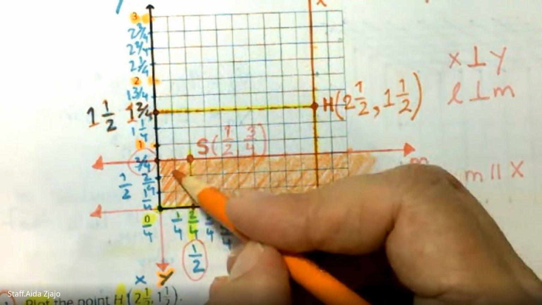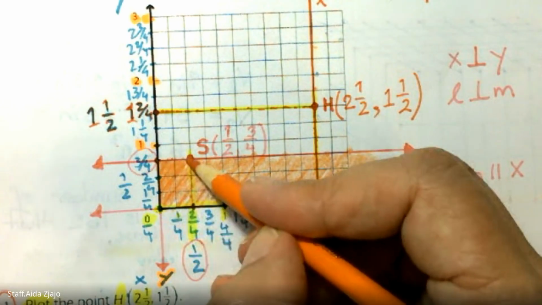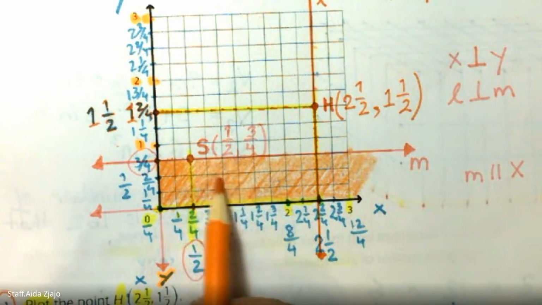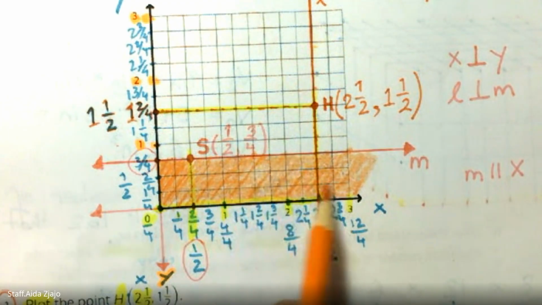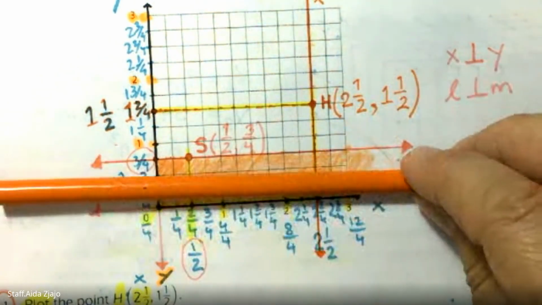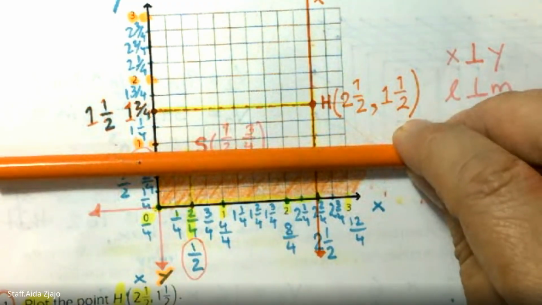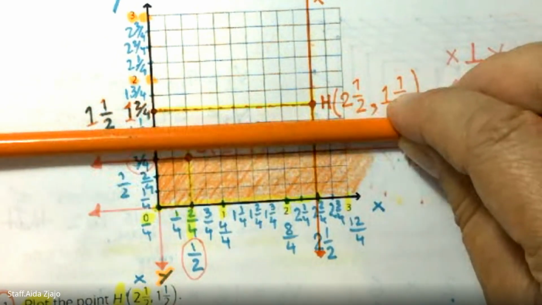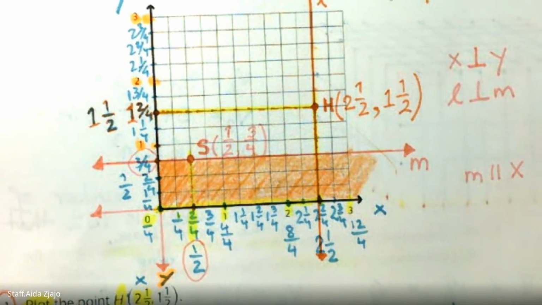So all this area is less than 3/4 from the x. Here's the x. So this is 1/4 from the x, 2/4 from the x, 3/4 from the x. Above that would be 1, which is higher than 3/4 from the x.